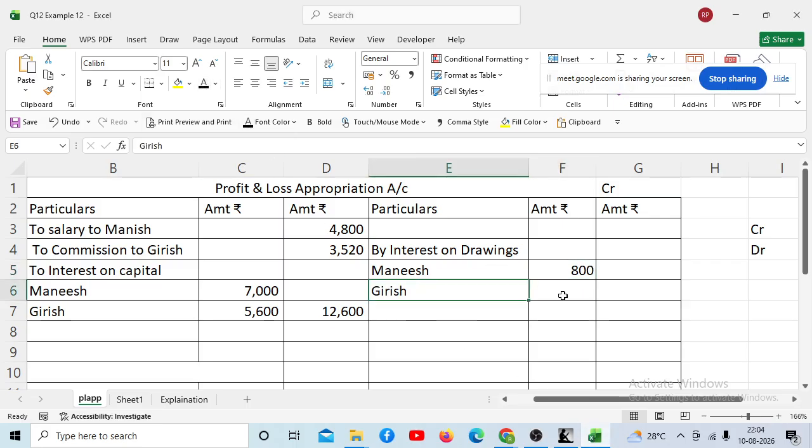So on 14,000 calculate 5%. That is 700. Add this to get 1,500.